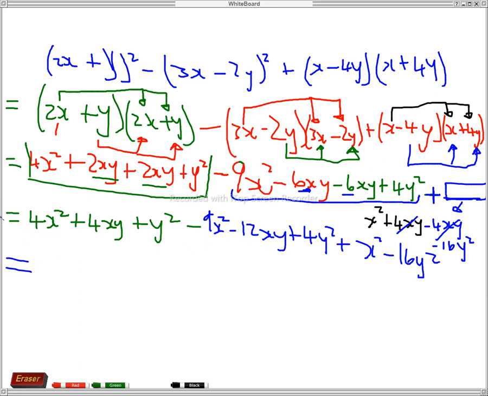So when we proceed, now I will highlight the like terms. I'm having 4x squared, 9x squared, as well as x squared. So you can simply say 4 minus 9 plus 1. We are having 1 here on x squared, just that we don't write it as mathematicians.